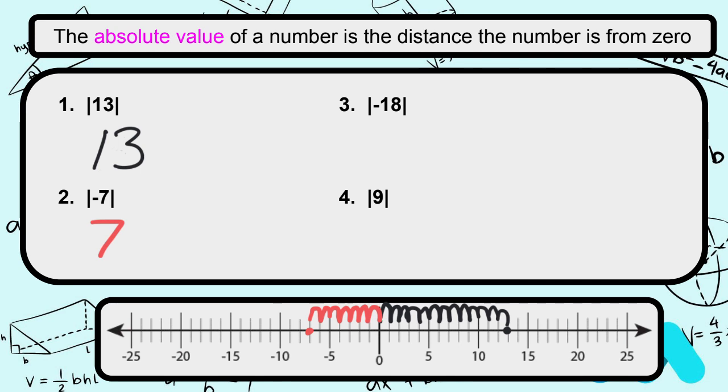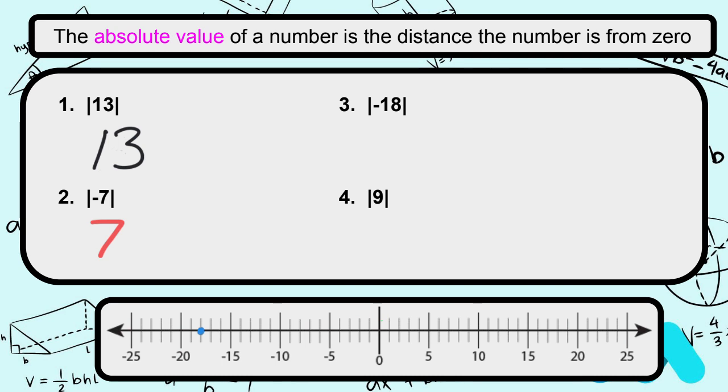All right? I think you guys are getting the hang of it, right? Let's go on to number 3, the absolute value of -18. And actually, before I go on to number 3, since I'm going to have a little bit of overlap, I'm going to erase the work that I did on the number line. And now we have our blue pen selected. I'm going to go to -18 on the number line, make my dot there.